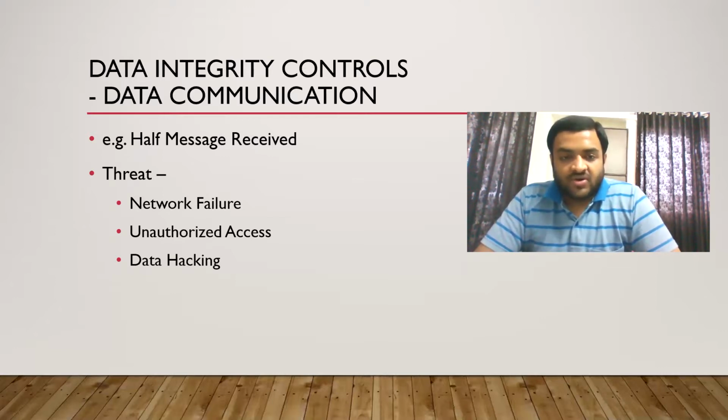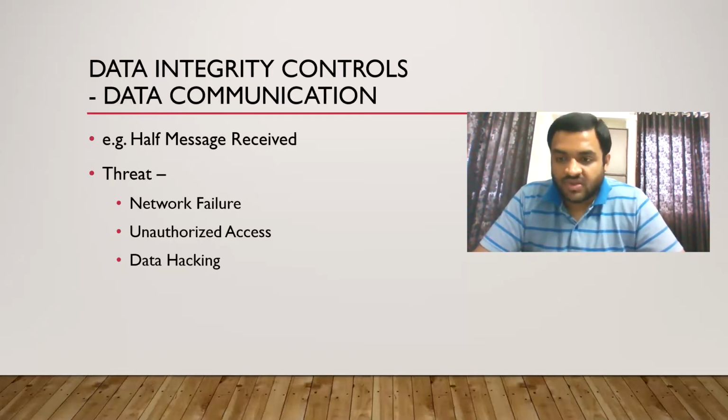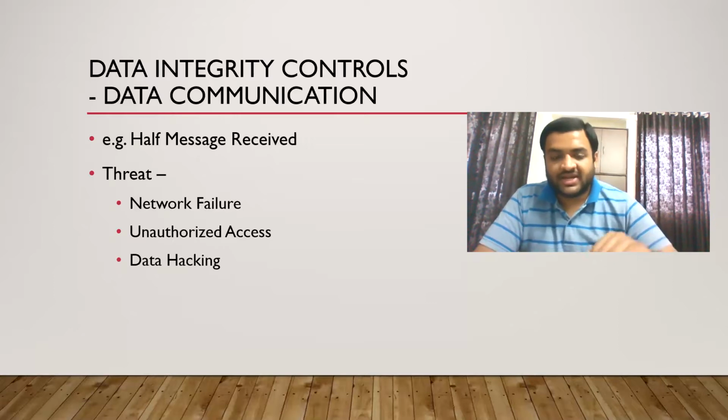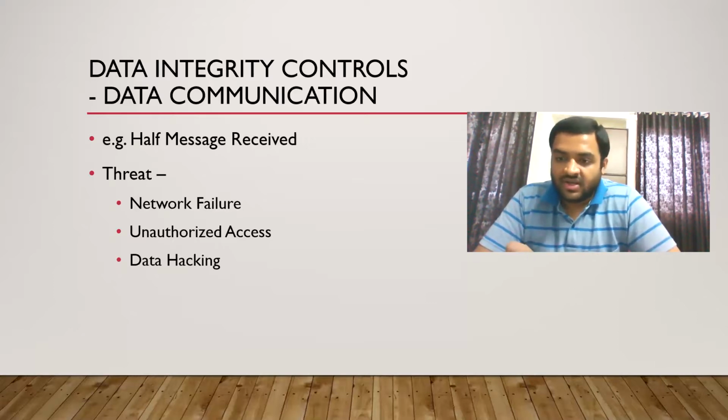Now, here we will talk about data communication. In earlier stages of our mobile phones, if a message was big, what used to happen is you used to receive that big message in parts. Okay, part 1, part 2, part 3. Now, sometimes only part 1 and part 2 is received, or only part 1 is received. That can happen if you don't have integrity controls for data communication. What is the threat here?